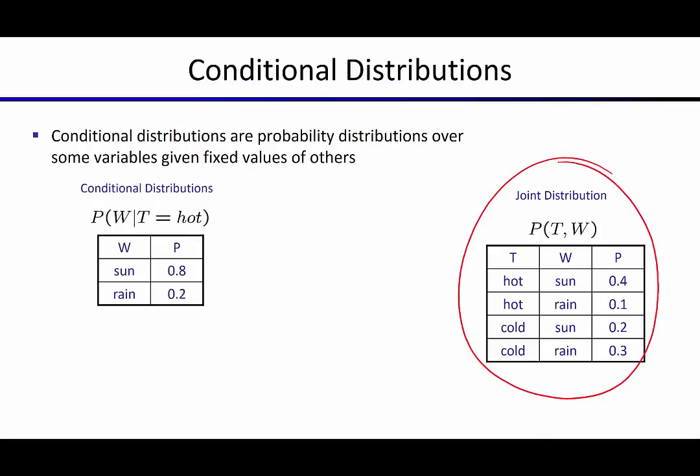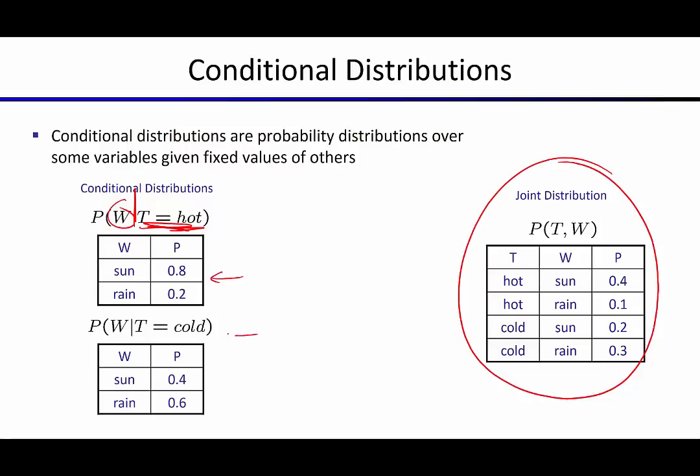We're interested in the conditional distribution for weather given temperature equals hot. We can use the procedure we just covered to find these two entries. So that's a conditional distribution right there for temperature equals hot. We can do the same thing for temperature equals cold. And here we have another conditional distribution. So that's what a conditional distribution looks like.